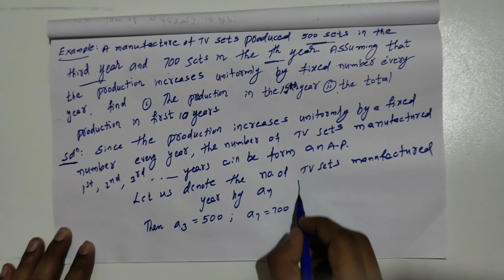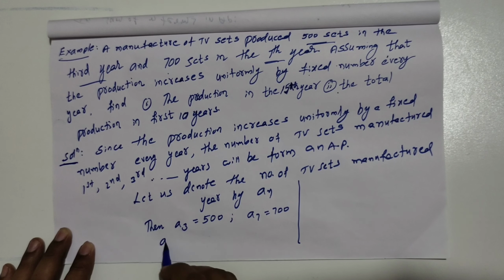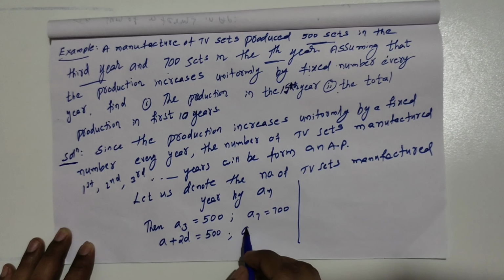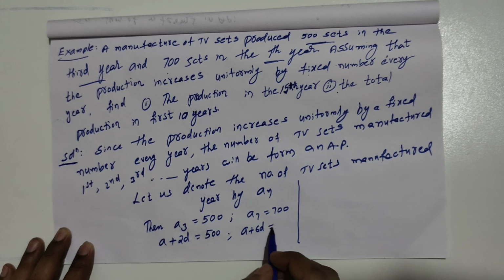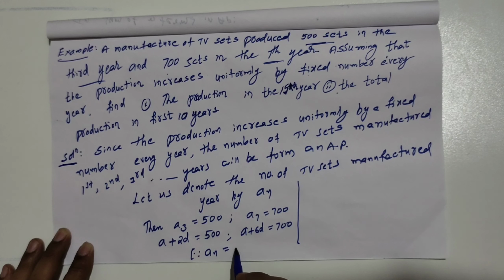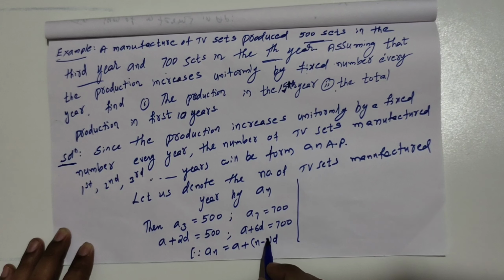So by writing the a3 formula, you can write a plus 2d is equal to 500, and similarly a7 is equal to a plus 6d, that is equal to 700. So the formula used is an is equal to a plus (n minus 1) d.